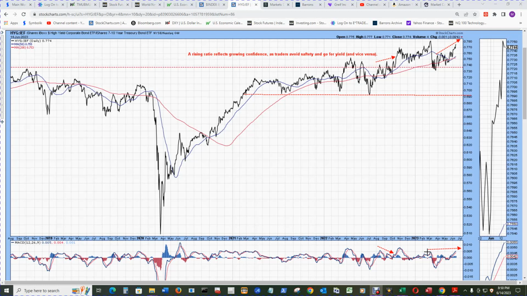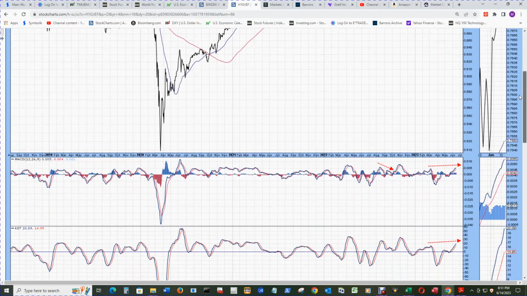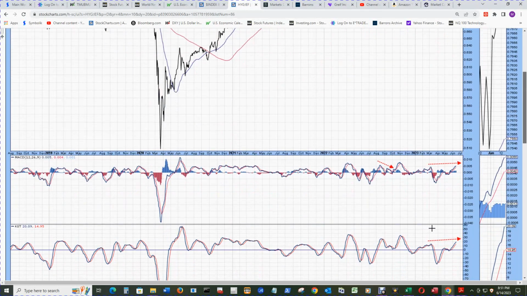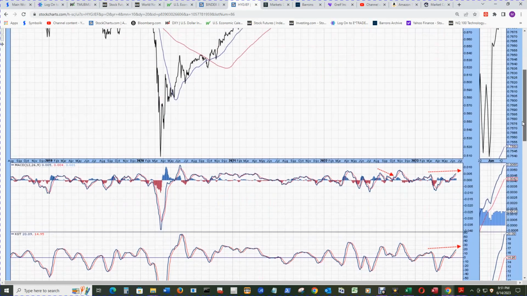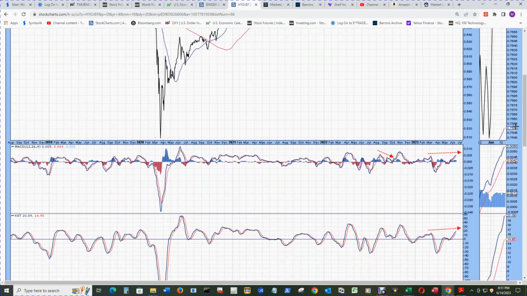So the MACD is now pointed up where it was pointed down before, and the HYG to IEF ratio actually took another leg up, and then the KST is also pointed up now where it was pointed down, so that divergence has been rectified.